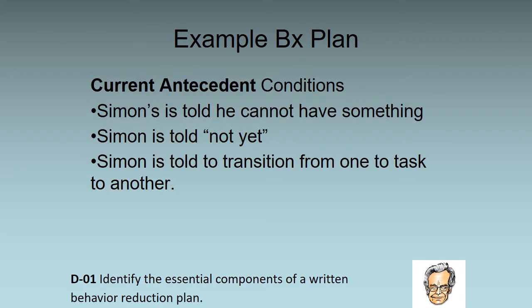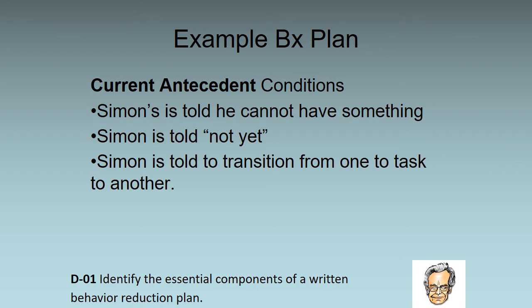Current antecedent conditions. Current antecedent conditions in a written behavior reduction plan are what the antecedent conditions are that precede the behavior. Remember, antecedents occur before the behavior. So the antecedent conditions in the behavior plan are what were identified during the assessment to be the conditions that lead to the behavior or can trigger the behavior or make the behavior more likely.